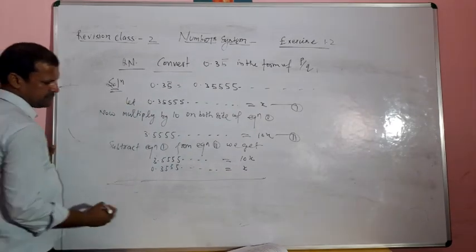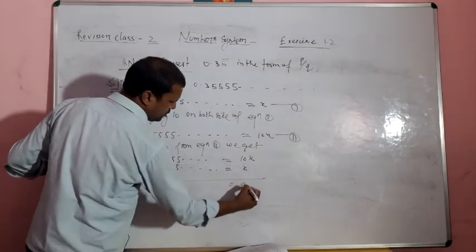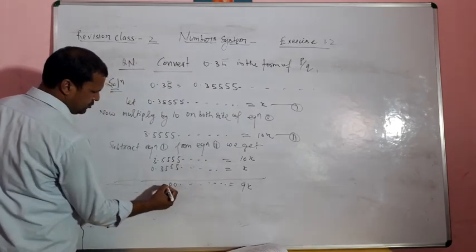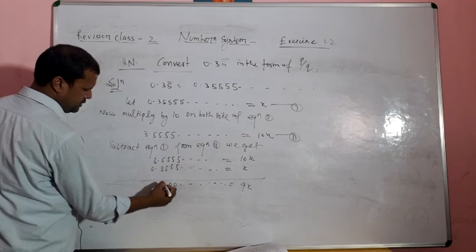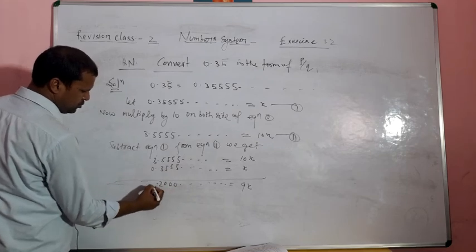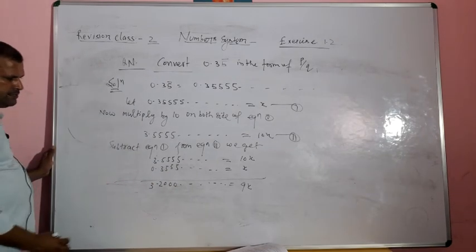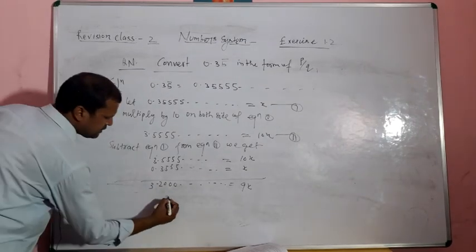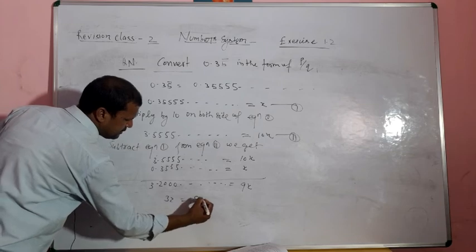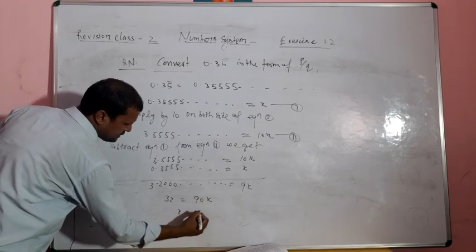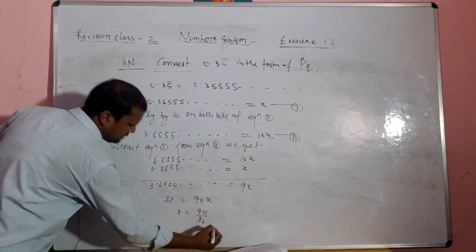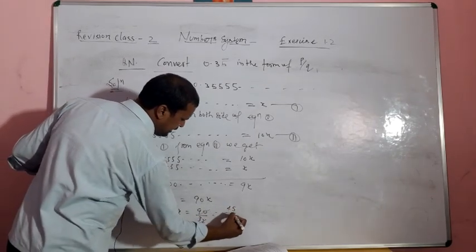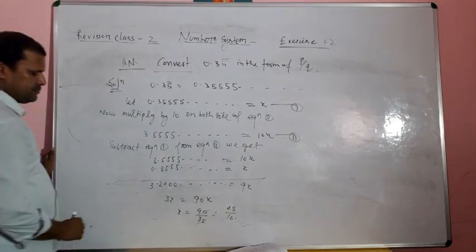Now subtract, this is equal to 9x, and the difference is 3.2. Again multiplying by 10 on both sides, this becomes 32 equal to 90x, and x equals 32 by 90. Simplify it, 16 by 45.